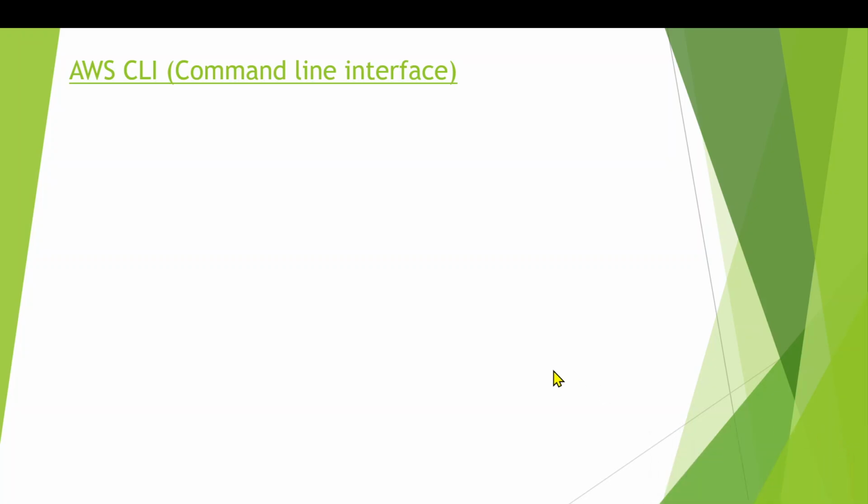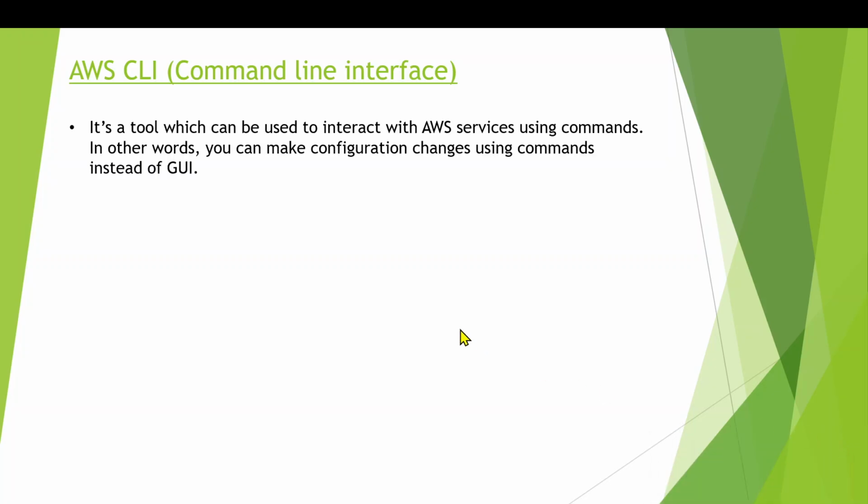First, it's a tool which can be used to interact with AWS services using the command line. In other words, we use the CLI to make any configuration changes instead of the GUI.